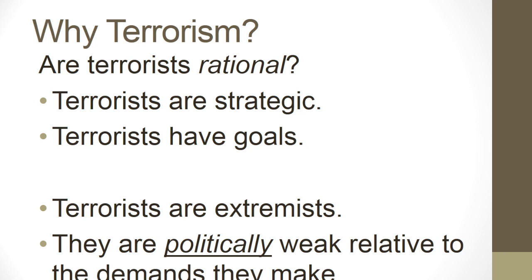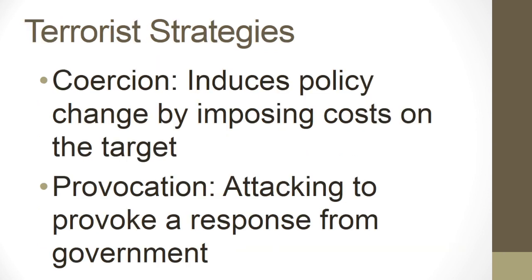So they are able to rank and order their preferences, although they are extremists, and they are also politically weak relative to the demands they make. They have no real power politically to be able to turn these policy shifts, right? All they can do is essentially scare people into trying to make these shifts.